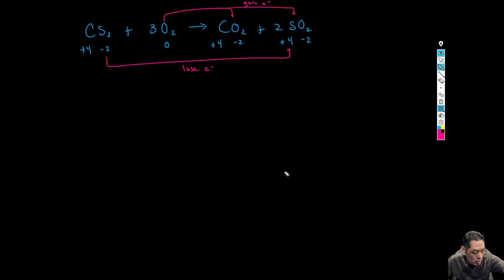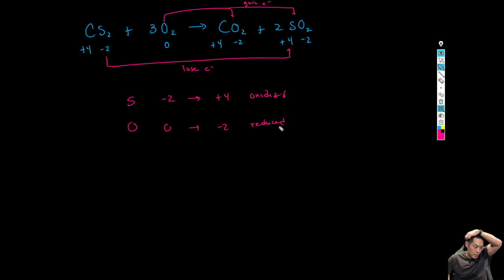So sulfur is going from -2 to +4, so it's losing electrons, so it's being oxidized. And oxygen is going from 0 to -2, so it's gaining electrons, so it's being reduced. I believe I answered the question: oxygen is being reduced, sulfur is being oxidized.